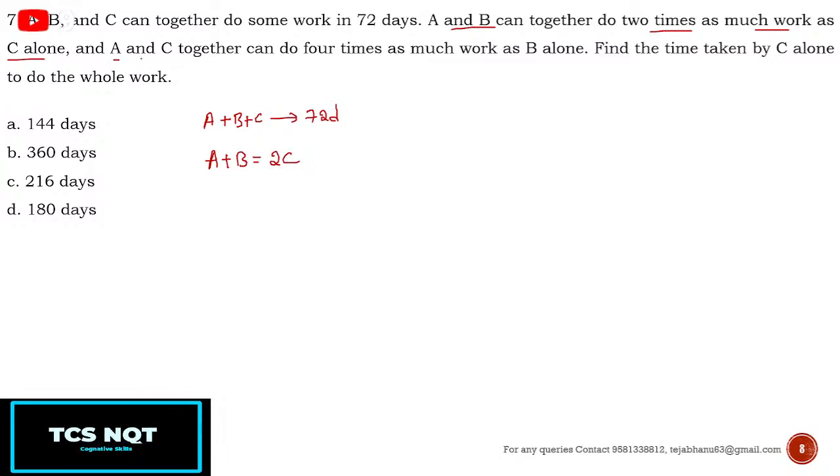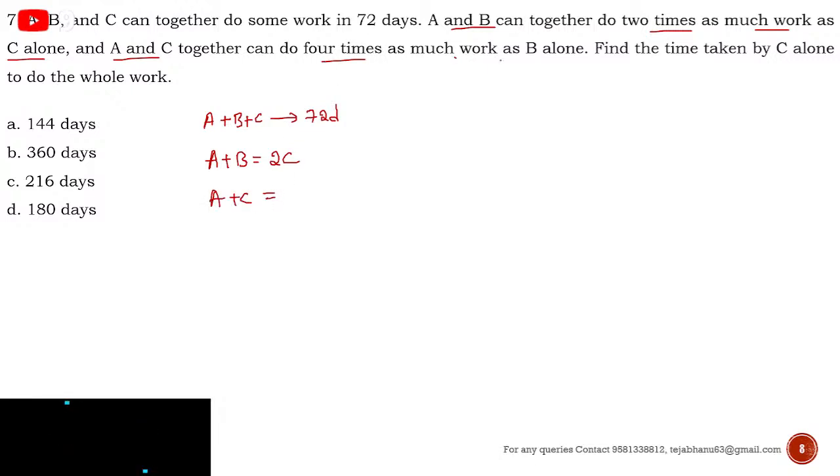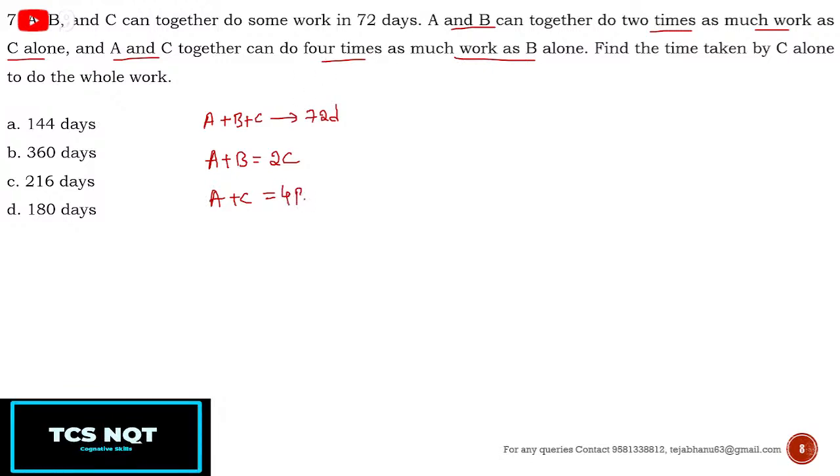Next, A plus C together can do 4 times as much work as B alone. This is equation 1, this is equation 2. Substitute equation 2 in equation 1.